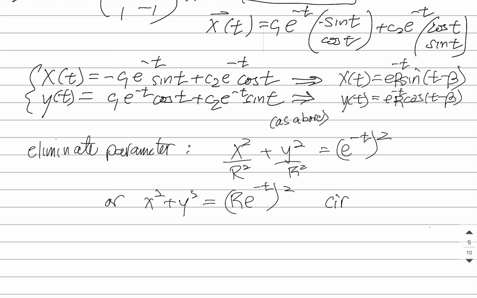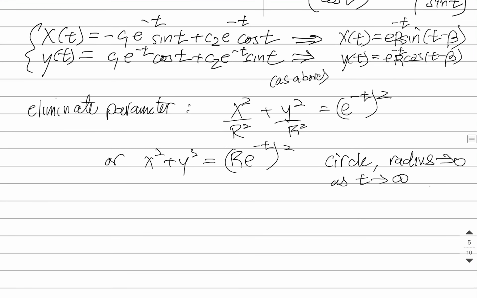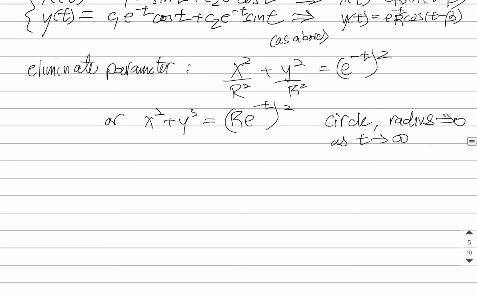So this is a circle where the radius will end up going to 0 as time goes to infinity. So at each moment in time, the location of the trajectory is found by the equation of a circle, but at every moment in time, that circle shrinks. So this is what's going to happen.